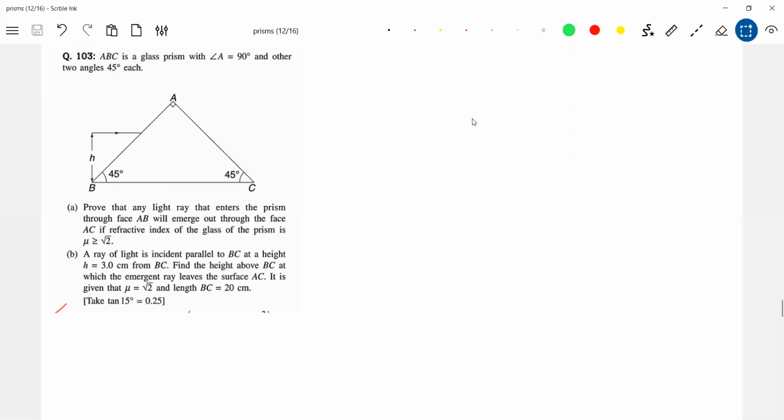I read the question. Option A, okay, you do later on. We'll take option B. See, as a physics teacher, I'll struggle. I should look at the angles, the relation between angles.